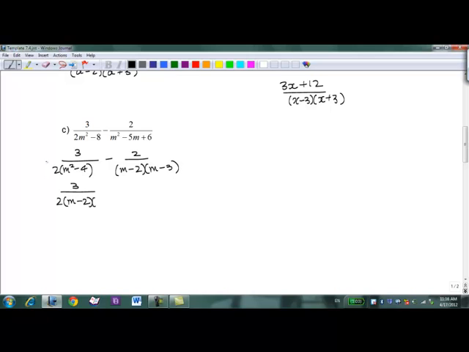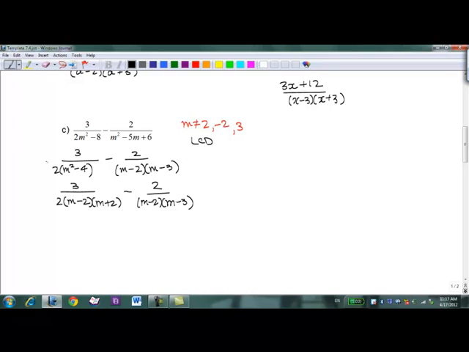This factors into a difference of squares, m minus 2, m plus 2. And on the right-hand rational expression, that's what we get. So non-permissible values, m in this case can't equal 2 and negative 2 from the first kind of rational expression and positive 3 from the second rational expression.